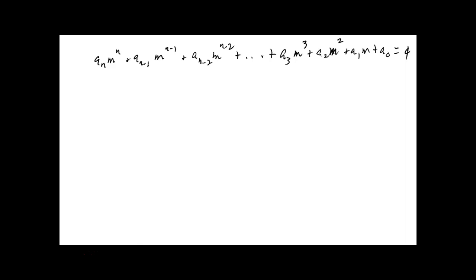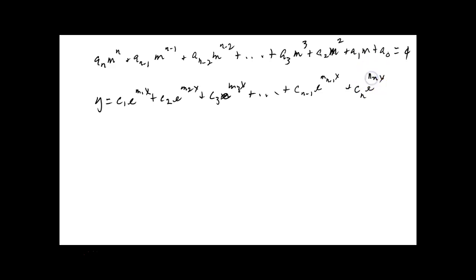Now, if all the roots of those m's, however you get it done, every one of those has a distinctly different root, you have n distinctly different roots, then you know what your solution is. y is equal to c1 e to the m1 x plus c2 e to the m2 x plus c3 e to the m3 x plus dot dot dot plus c sub n minus 1 e to the m sub n minus 1 x plus c sub n e to the m sub n x.